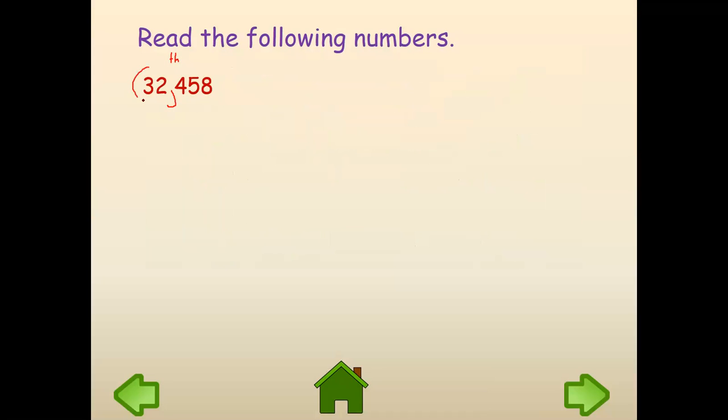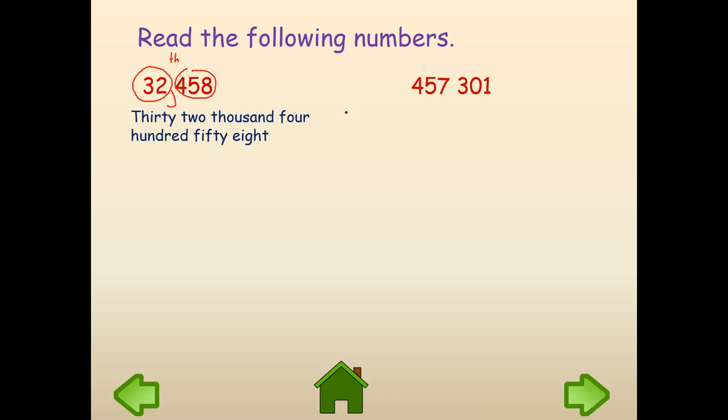The digits that are to the left side of the comma, I will read them together. Then I have to say 1,000. So how do we read the 3 and 2? 32. There are not 3 digits to say 100. So just 32. The comma, don't forget to say 1,000. So 32,000. How do we read these 3 numbers? 458.